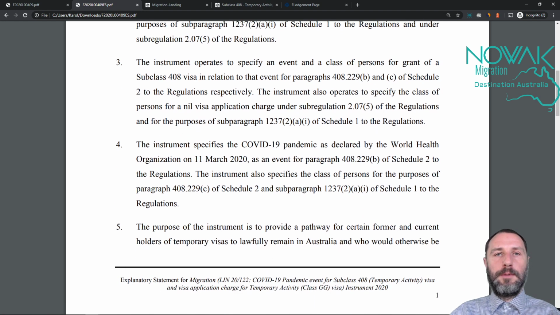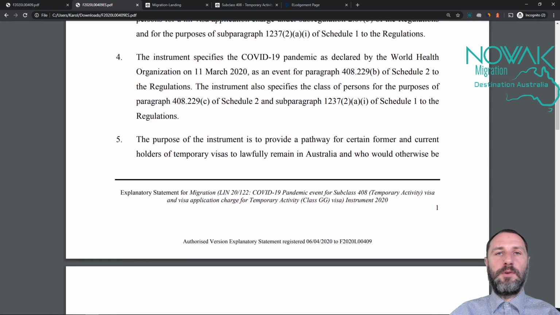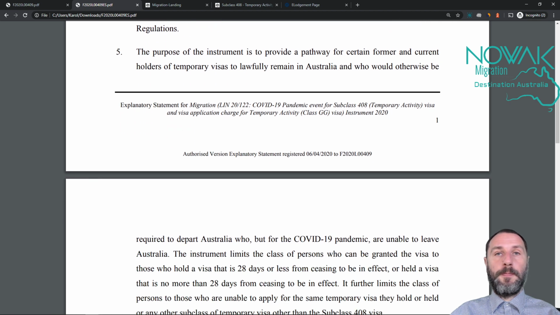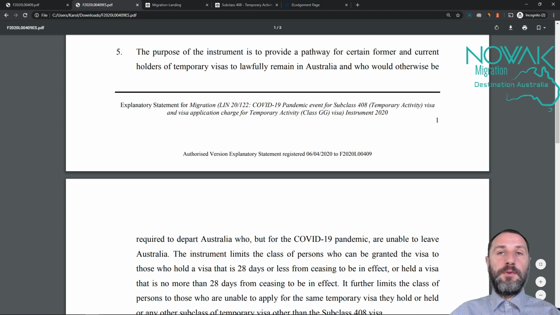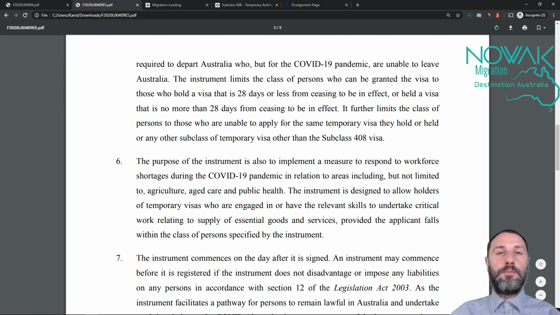Okay. Even as a class of persons, COVID-19 pandemic, yeah, as I said, as event for the paragraph. So provide pathway for certain former and current holders of temporary visas to lawfully remain in Australia and who would otherwise be required to depart Australia, who but for the COVID-19 pandemic are unable to leave Australia.